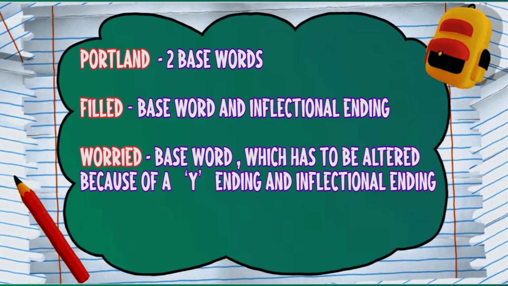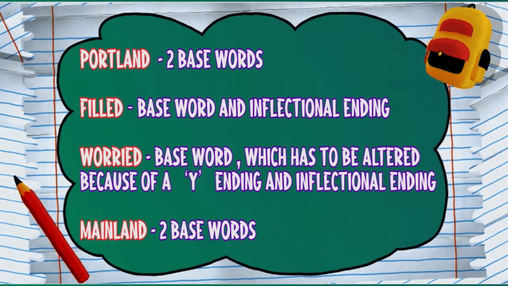Worried is made up of a base word which had to be altered because in its original state it ends with Y. And so the Y had to be changed to I and then ed was added. Mainland. Again, main by itself is a base word and land being another. So two base words there coming together to make the complex word mainland. Or we can say also a compound word.